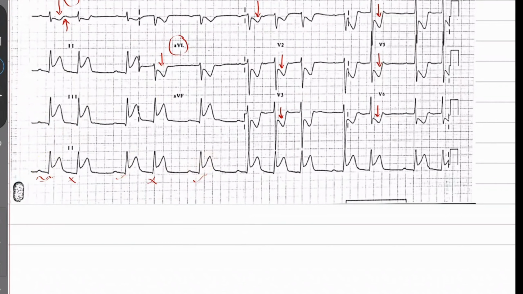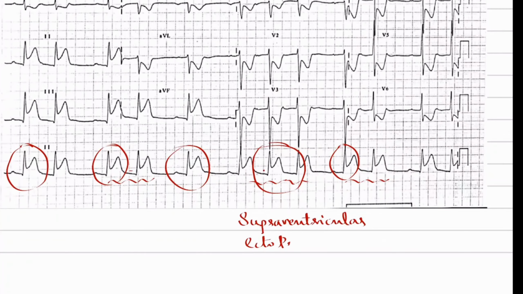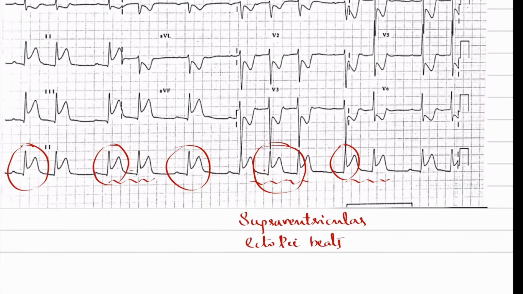But in between, you see some beats which are probably supraventricular ectopic beats. Why? Because there is no P wave. In between the sinus beats, you see some supraventricular ectopics. In these beats, the P waves are buried in the previous QRS or T wave.